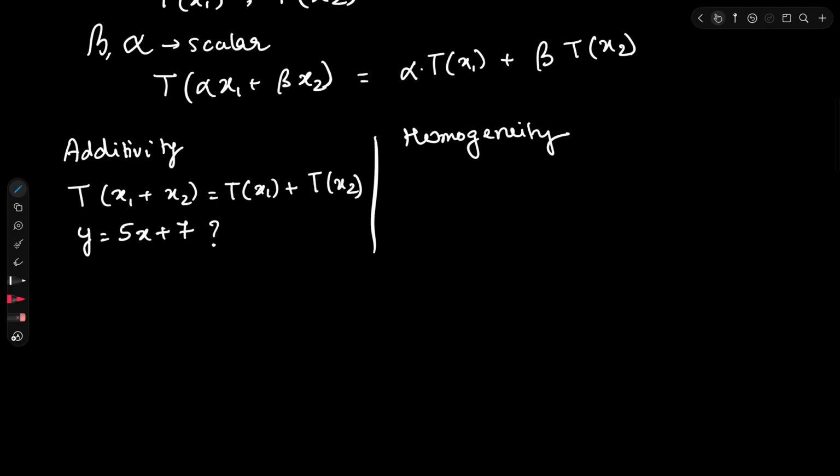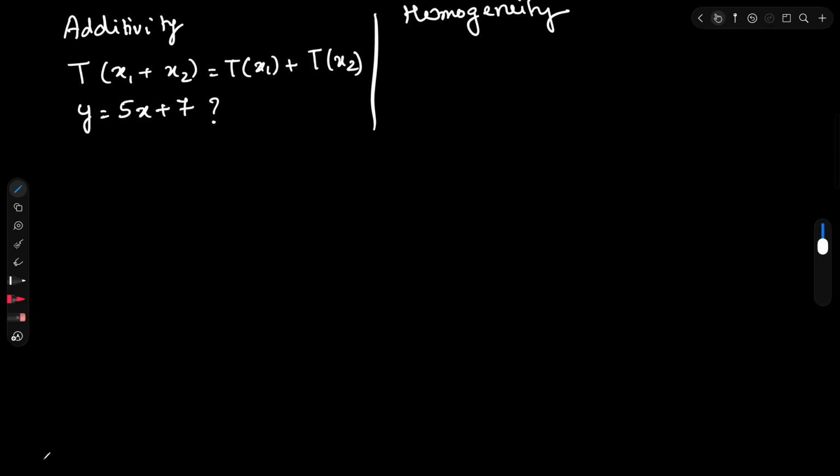Let's take two values, x1 as 3 and x2 as 2. So t of x1 plus x2 means t of 3 plus 2, which is t of 5, and it should equal t of 3 plus t of 2.